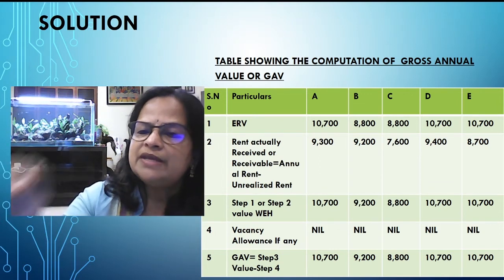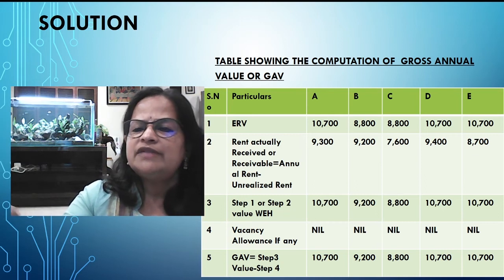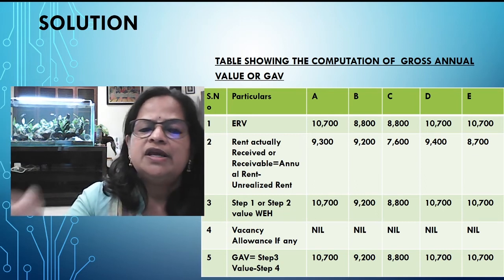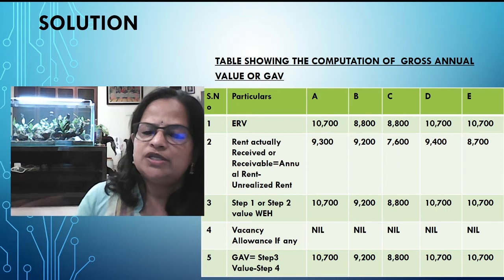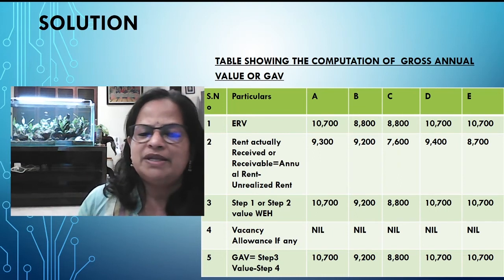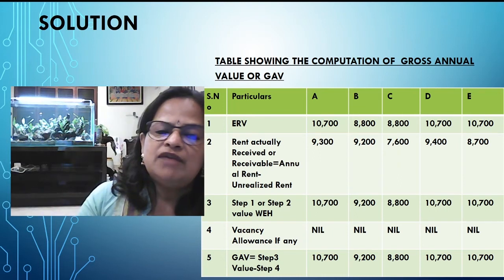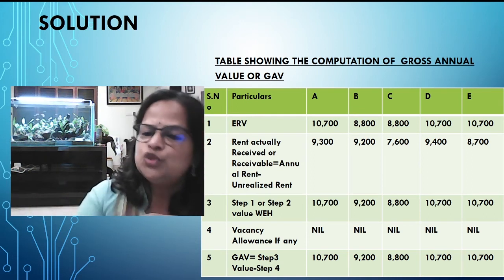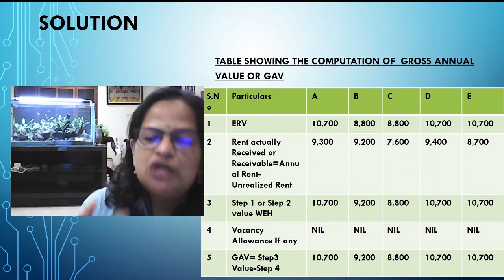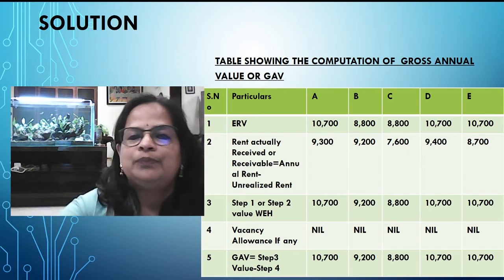Next is 10,700 and 8,700; it is 10,700. Now vacancy is not there in this question. For the full 12 months the house was occupied by the tenant. Now gross annual value means step 3 value minus step 4 value. So here there is no vacancy allowance, so the step 3 values will be the gross annual value.